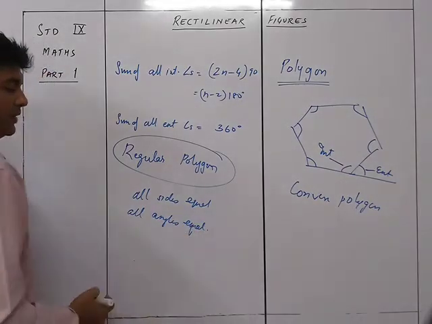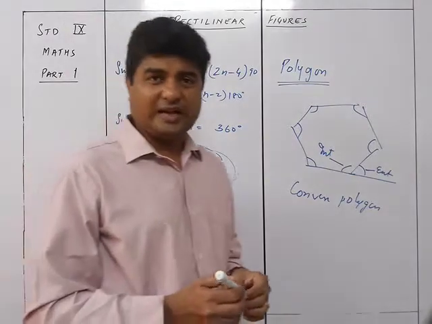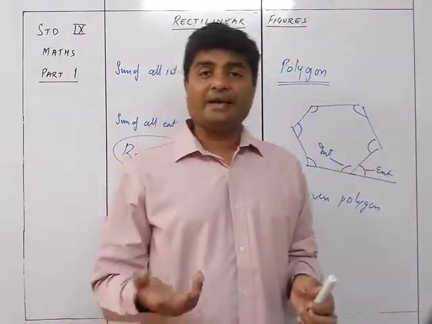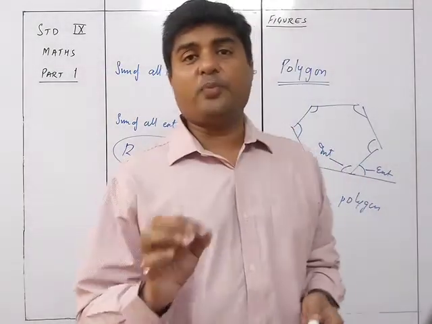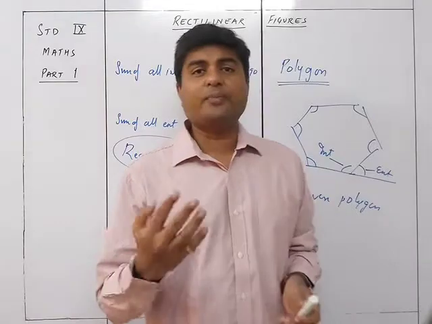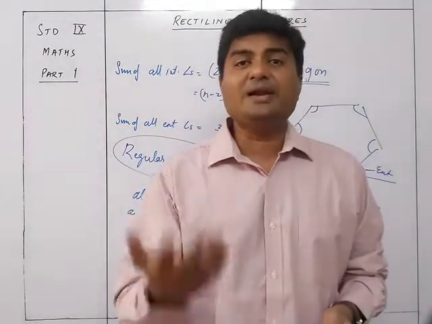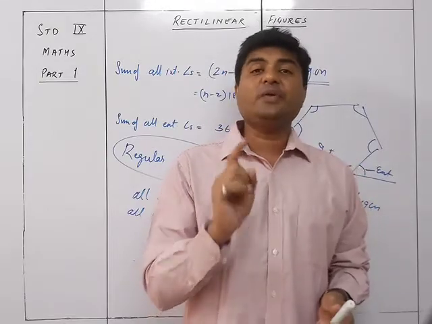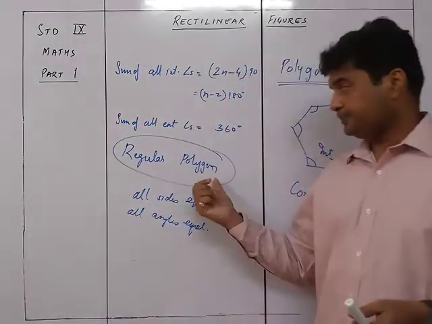If any polygon is such that all its sides are equal and all its angles are also equal, then such a polygon is called a regular polygon. A simple example: an equilateral triangle has all sides equal and all angles 60 degrees.